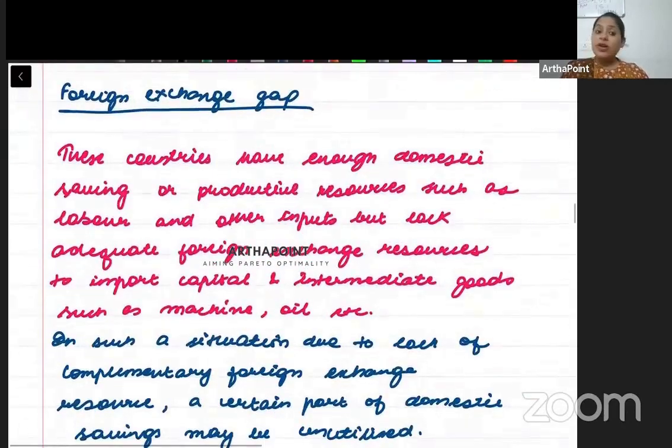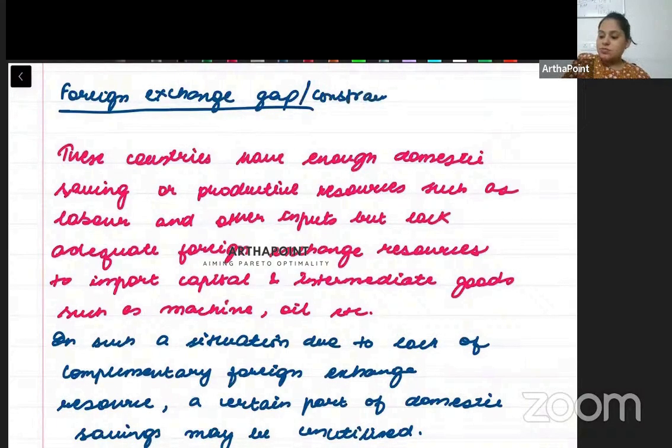अच्छा, what is foreign exchange constraint? Not gap. I should write the word as constraint. Foreign exchange constraint is when you don't have the adequate currency. I want to invest. I want to buy the raw material. I want to buy the capital goods, but I don't have foreign currency. How will I buy it? This is the situation which is very common.